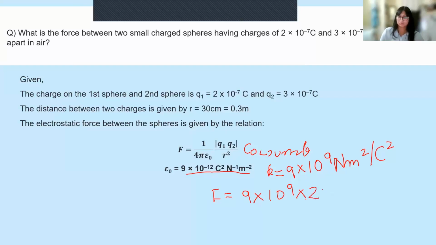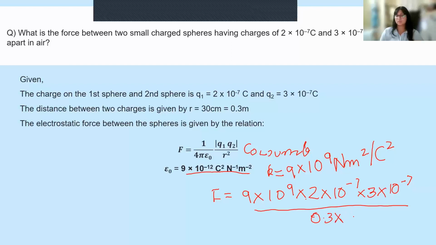So F is equal to 9 into 10 raised to 9 into 2 into 10 raised to minus 7 and 3 into 10 raised to minus 7, and then you divide this by 0.3 into 0.3, it is squared.